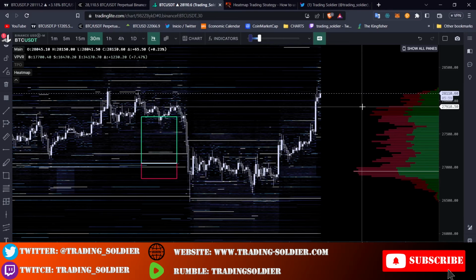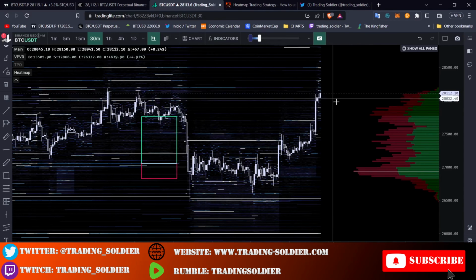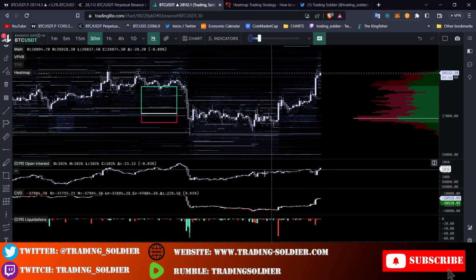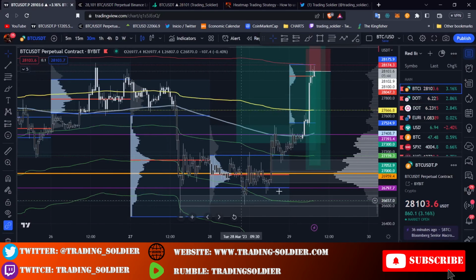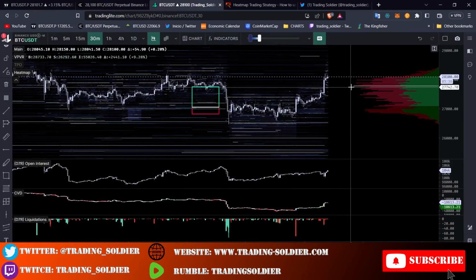So you need to search for confluence. You need to search for confluence with the heat maps. Also interpret the derivatives data such as open interest, CVDs, liquidations. Also with levels, order blocks. Okay, heat maps are not meant to be used alone. I don't want you to think that if you use heat maps, you will be the perfect trader in the world.